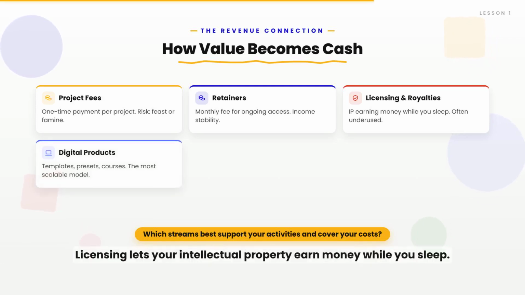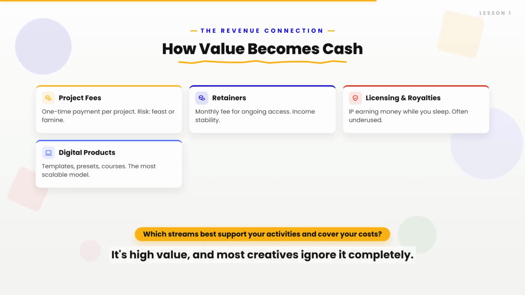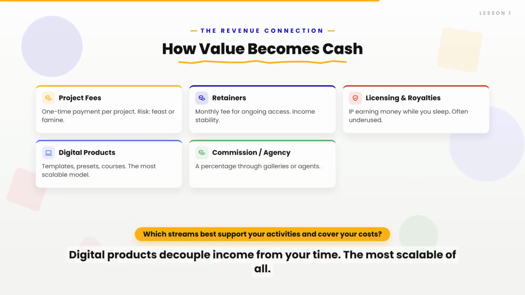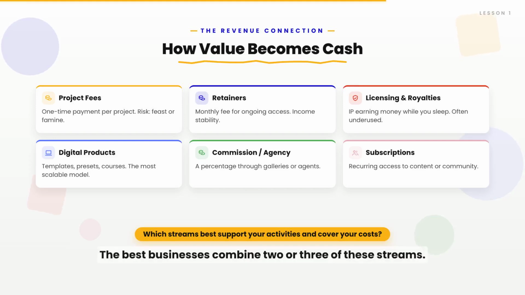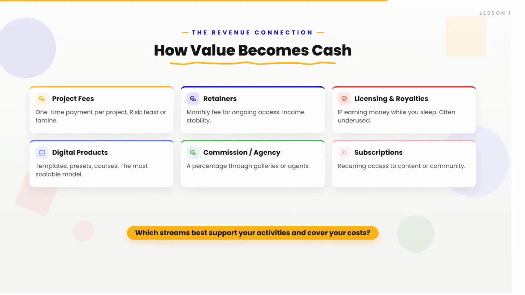Licensing lets your intellectual property earn money while you sleep. It's high value, and most creatives ignore it completely. Digital products decouple income from your time. The most scalable of all. Add subscriptions and commissions, and you have a full menu. The best businesses combine 2 or 3 of these streams.